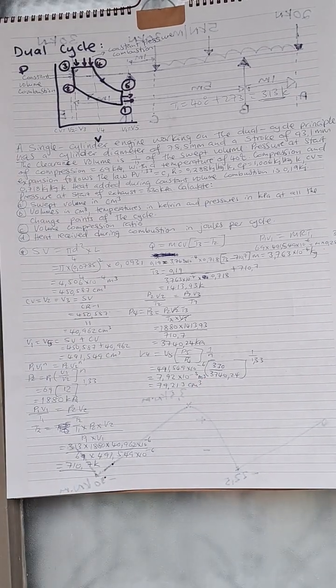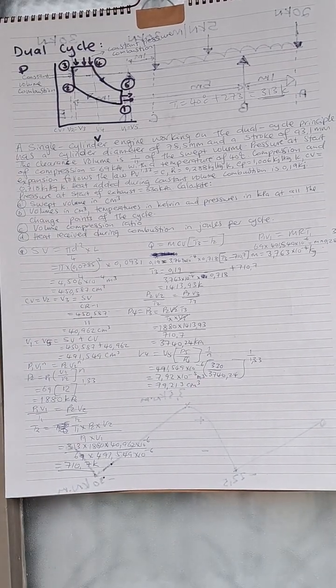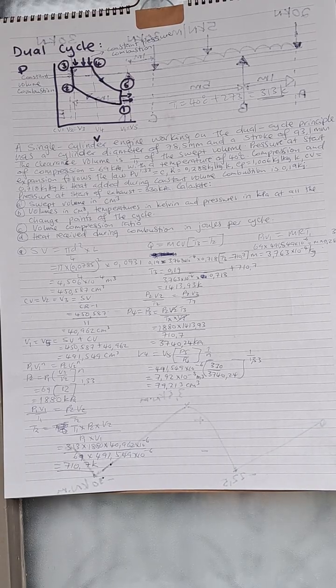So we have the other volume which was missing. So what else is missing there? Our T4 is missing. So let's get our T4.